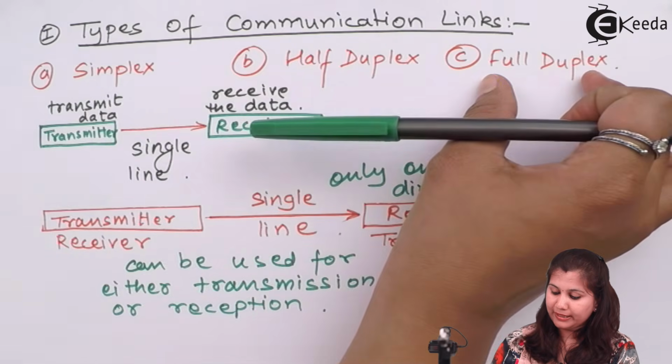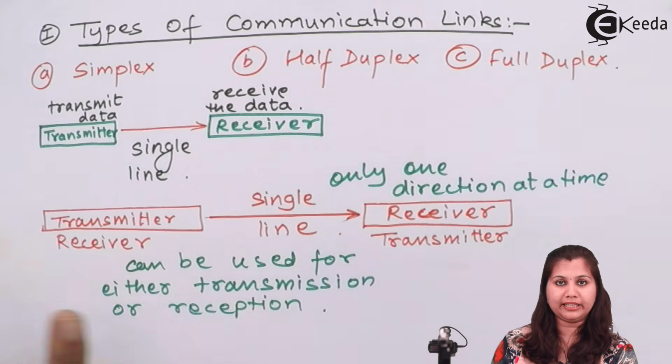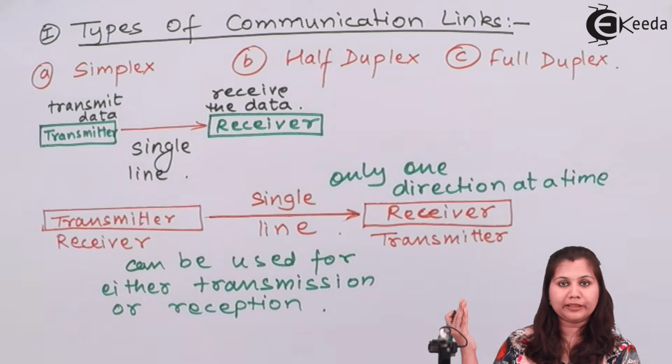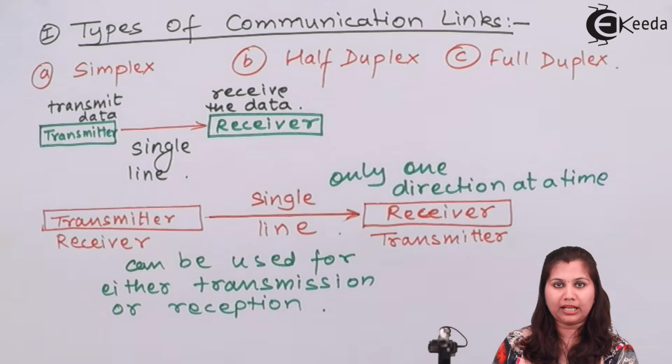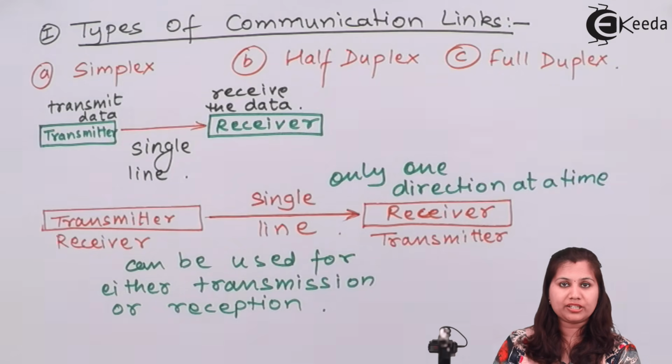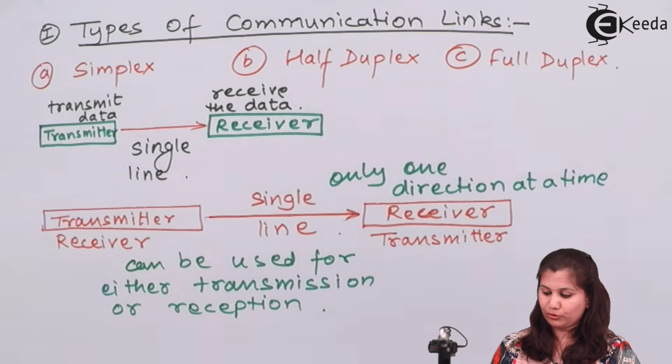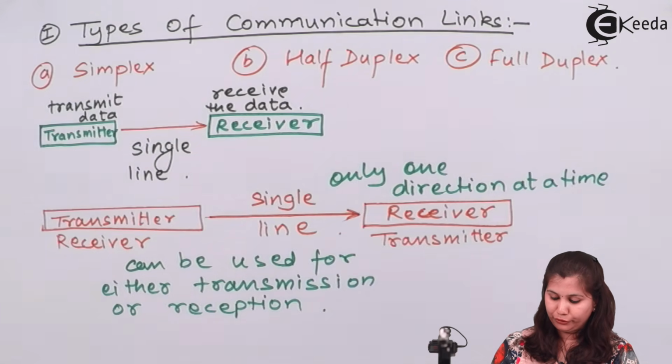Whereas in full duplex, it can act in both the directions simultaneously. We have two lines, from transmitter to receiver and from receiver to transmitter. In both the directions, it can work simultaneously. It can send the data from 1 to 2 and also from 2 to 1. So that will be the full duplex.